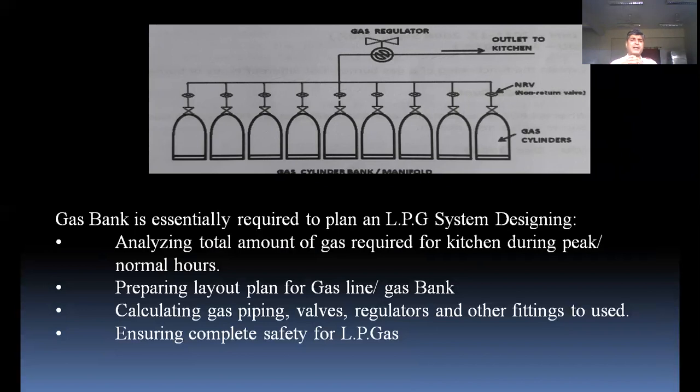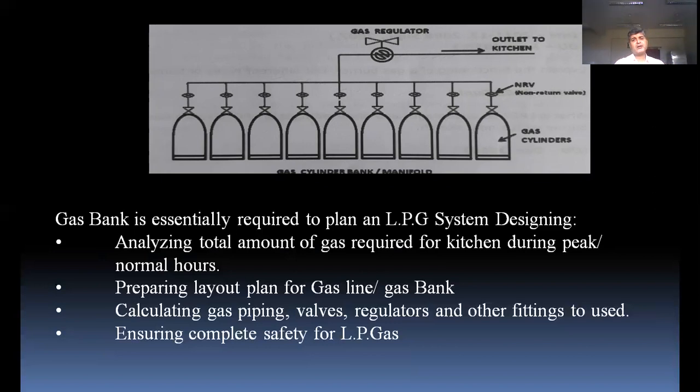Next, preparing a layout plan for the gas line or gas bank; we need to thoroughly check how it is to be planned. Then calculating gas piping, valves, regulators and other fittings to be used, and at the end ensuring complete safety for LPG gas. These were a few points whenever a gas bank is to be installed.